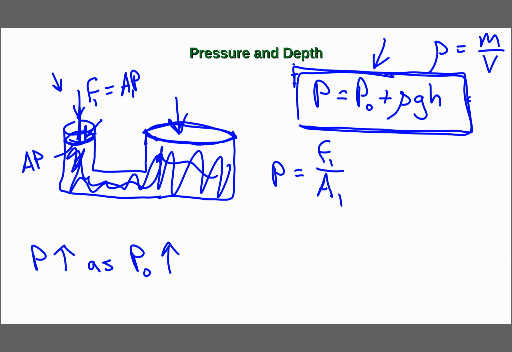So the pressure must be equal to F1 divided by A1, right? Pressure is always force per area. But it also must be equal to F2 over A2. But then that tells us that F1 equals A2 over A1 times F2.